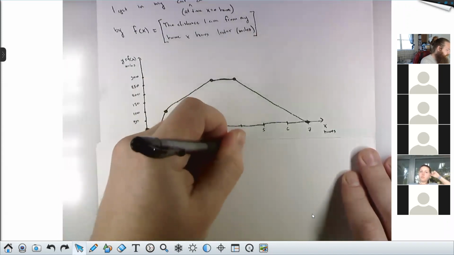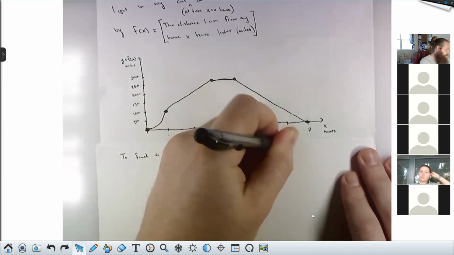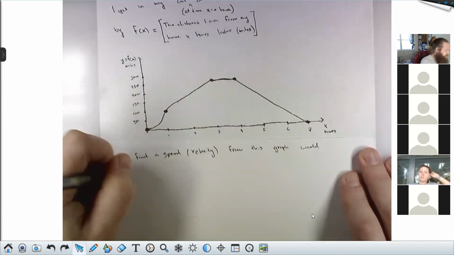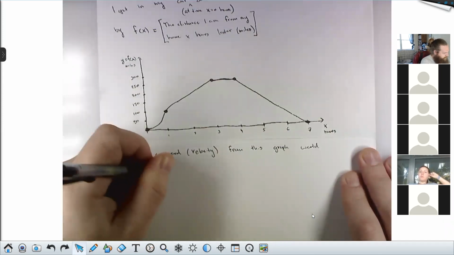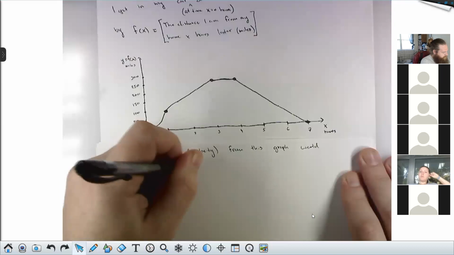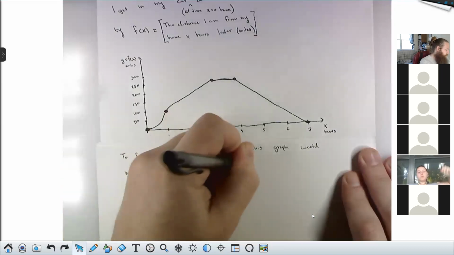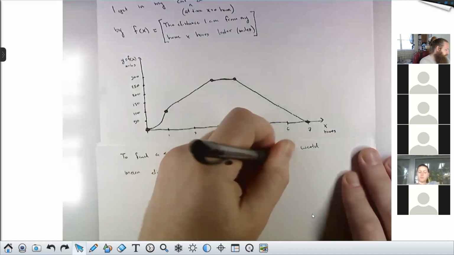From this graph, would mean dividing some y values by some x values, which would be a slope.